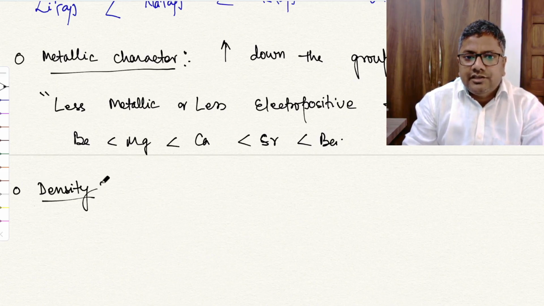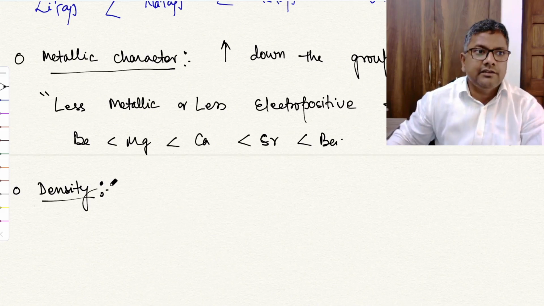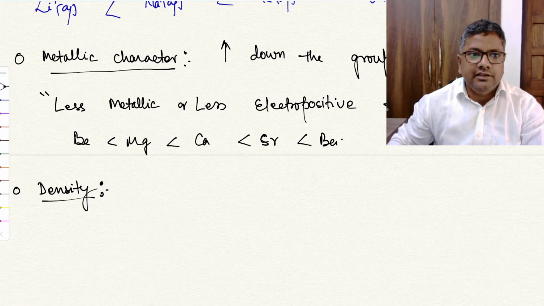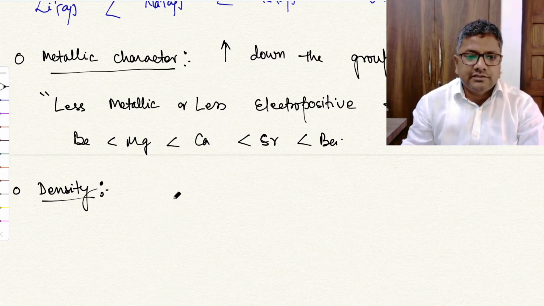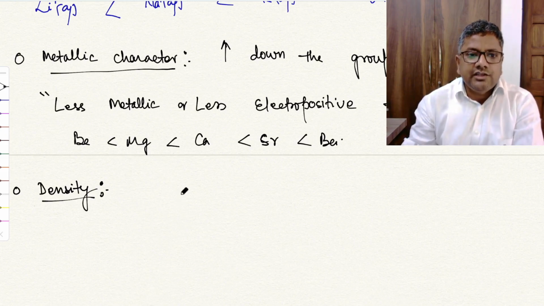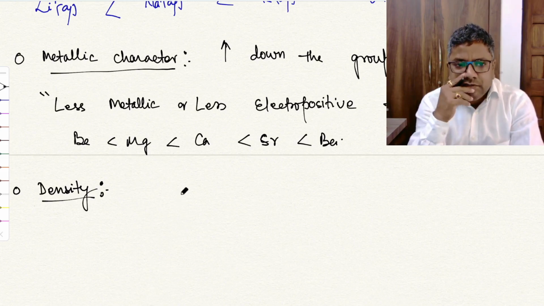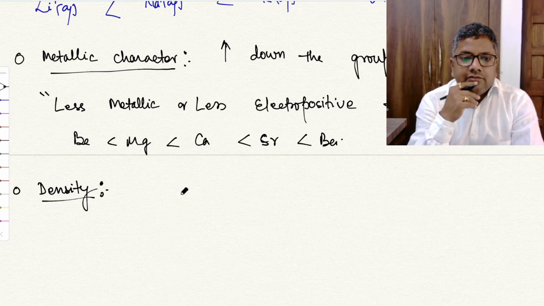In the density, if you see here, a lot of variation is there in the density of these elements. Barium has the highest density in this group. After that we have strontium, then calcium, and then magnesium.